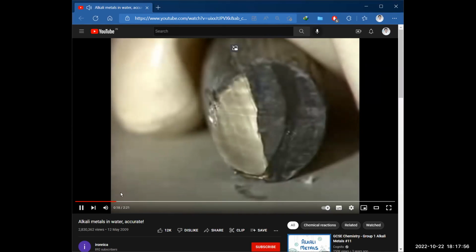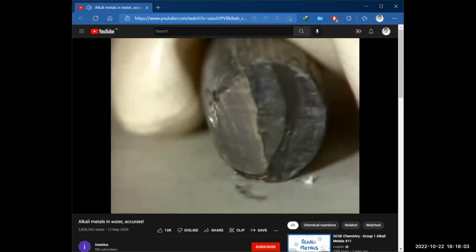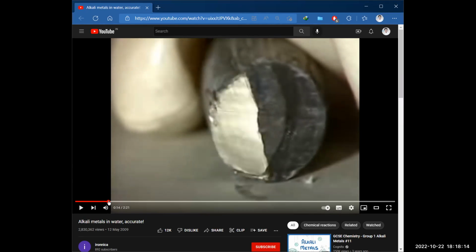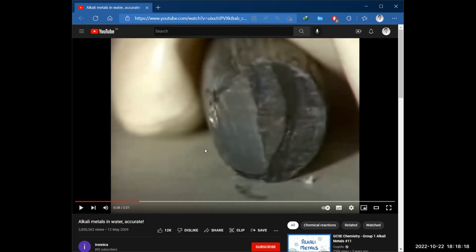Metal surface. Here, for example, is lithium. When we slice it, you can see the metallic luster, but the black coating quickly reappears. Now what's happening is when you cut it with a knife, it's very shiny, but after some time, it becomes black.